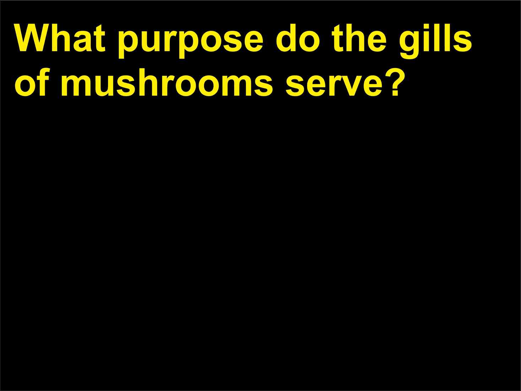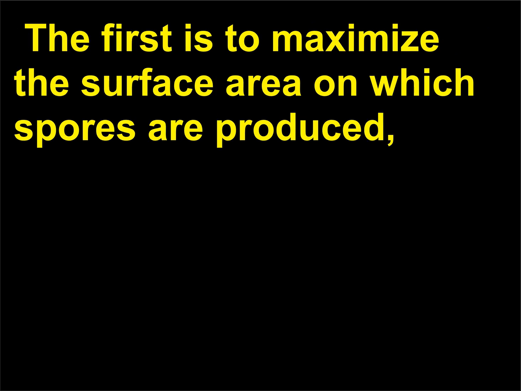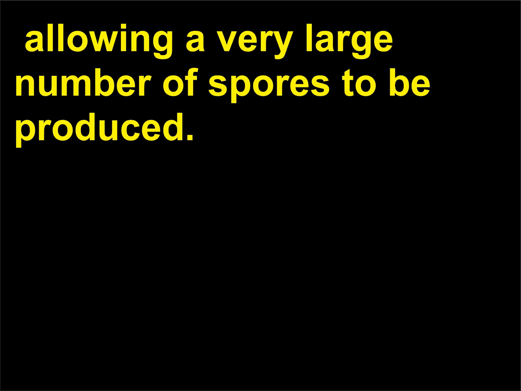What purpose do the gills of mushrooms serve? Gills, which can be present on the undersurface of a mushroom's cap, serve two main purposes. The first is to maximize the surface area on which spores are produced, allowing a very large number of spores to be produced.